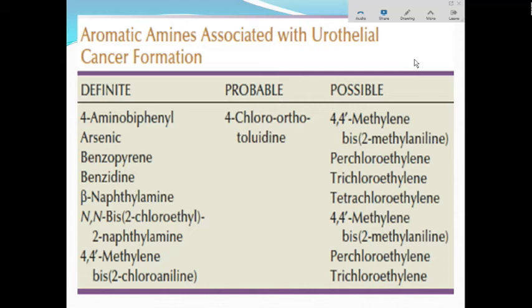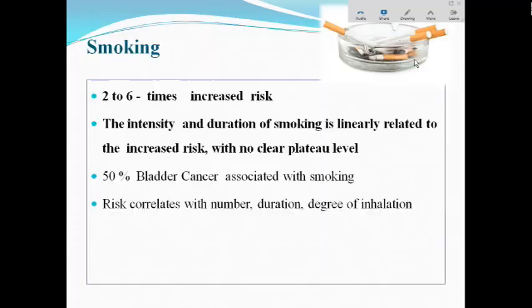So definite 4 and 3 amino biphenyl, arsenic, benzopyrene, and these are the other probable and possible aromatic amines which are known to be culprits of causing CA bladder. So as I told you, smoking is a very important risk factor. Always take a history of smoking in any suspected malignancy of transitional cell origin. Smoking increases the risk of CA bladder 2 to 6 times.